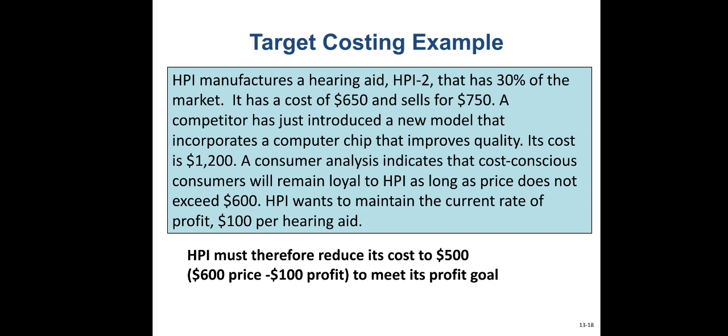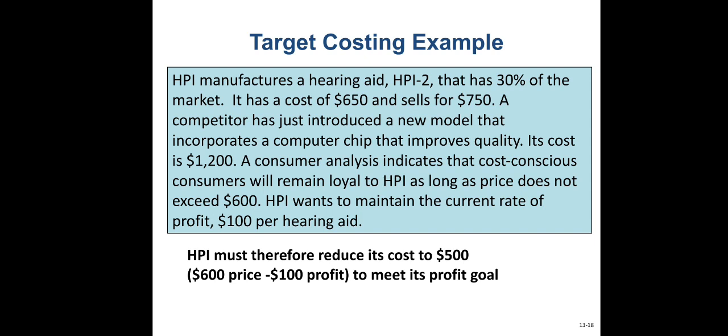Okay, so you can see here, this is an example of target costing. HPI manufactures a hearing aid, HPI 2, that has 30% of the market. So this is a very good product, 30% market share. It has a cost of 650 and sells for 750.